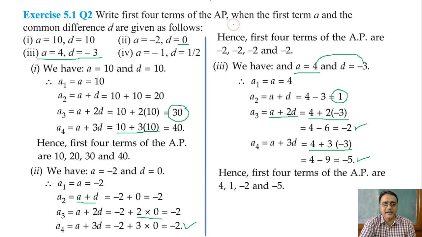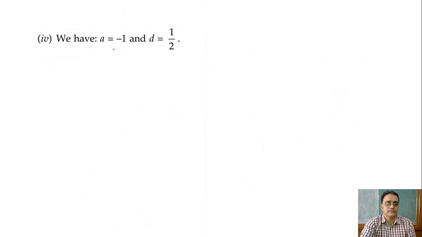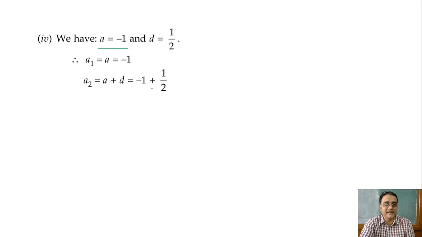So fourth bit A is equals to -1 and D is equals to 1/2. So this one. What is the first term? -1. Second term A plus D, that is -1 plus half. कितना होगा? -1 plus half. We'll get minus half.